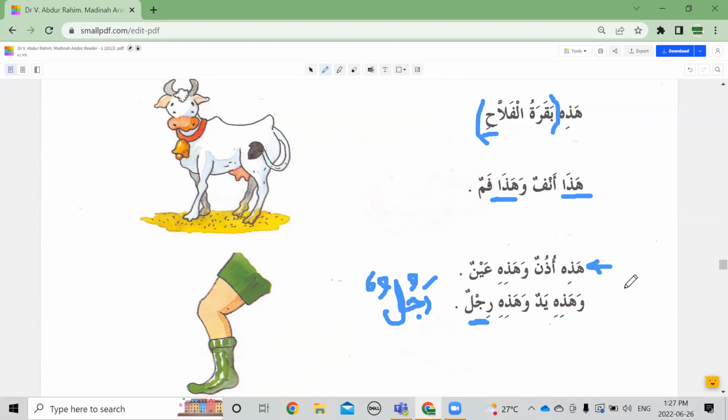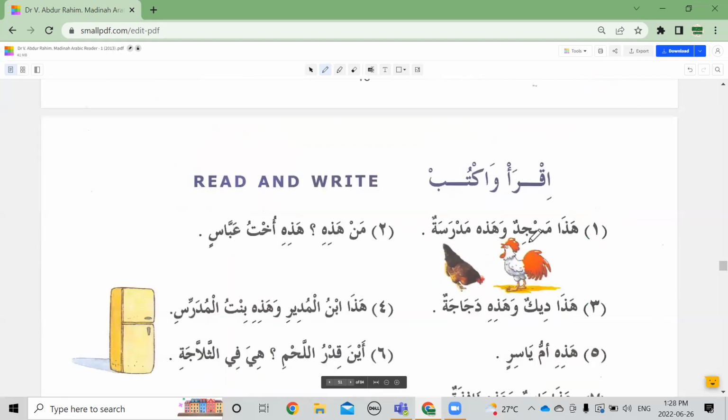Body parts which are in pairs, two ears, two eyes, two hands, two feet, will be feminine. This is an important rule. Body parts which are not in pairs, like the nose or the mouth, are masculine. We will see this again later.